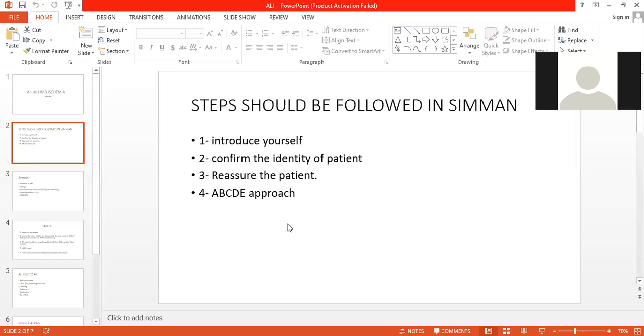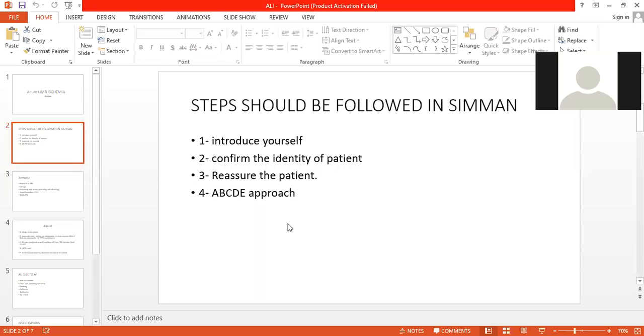Keep in mind one thing, that this is a Simman, and they have put Simman in the PLAB too, because they want to see how you would approach the patient in emergency situations. If the patient is totally stable, and you cannot find any abnormality in the parameters, it doesn't matter.